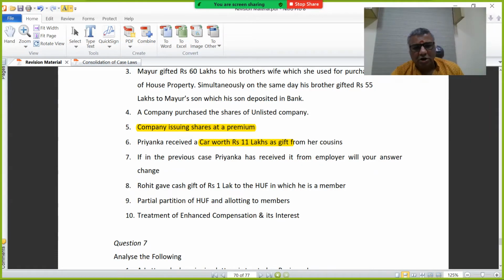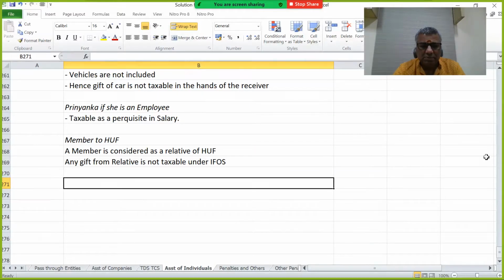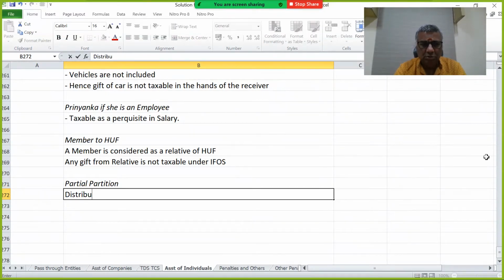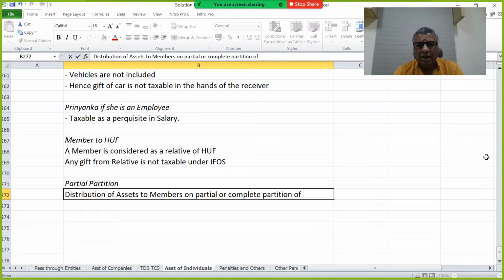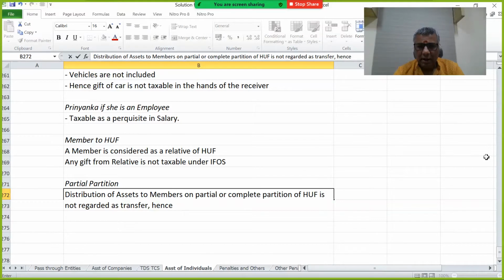Partial partition of HUF and allotting to its members. Distribution of assets to members on partial or complete partition of HUF is not regarded as transfer. Hence, capital gain does not arise for HUF.